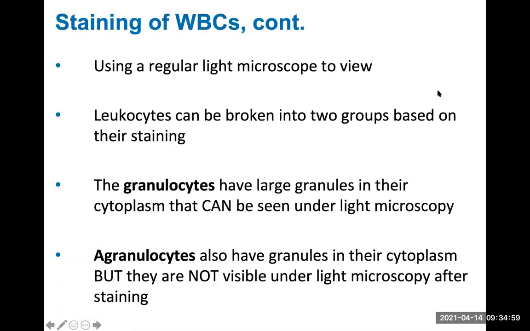So staining, again, is using a regular light microscope, and the leukocytes can be broken into the two groups based on their staining, granule and agranule. But the names are a little misleading. It's about seeing these large granules under the microscope, but the agranulocytes do actually have lots of granules in their cytoplasm, but the granules are small enough that you don't see them under the microscope.